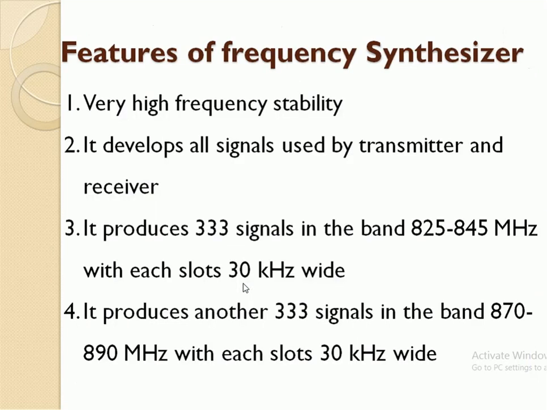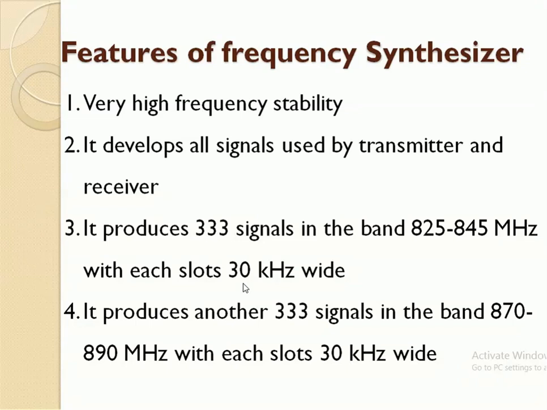So next, the important features of the frequency synthesizer. There are 4 important features. First, it produces very high frequency stability. The next feature is that it develops all the signals used by the transmitter and receiver. That is the most important feature. Third, it produces 333 signals in the band 825 to 845 megahertz, with each slot 30 kilohertz wide.